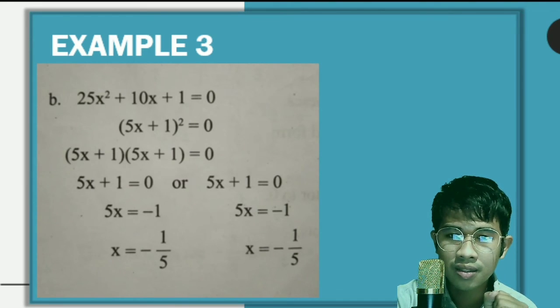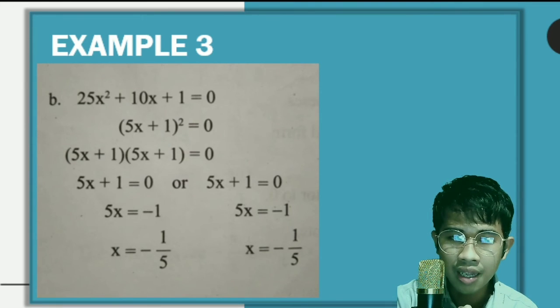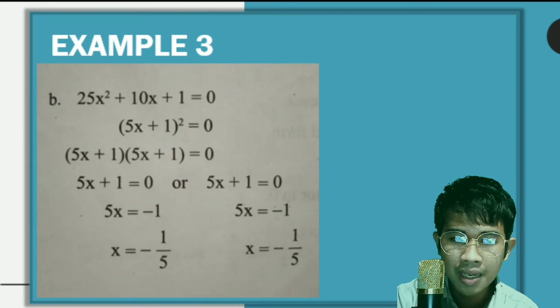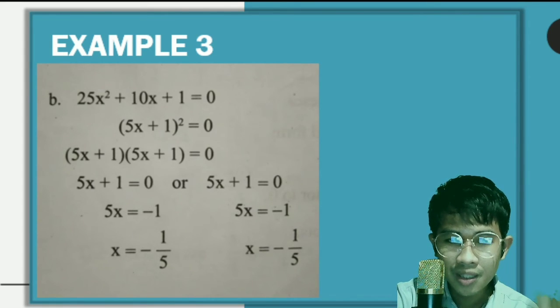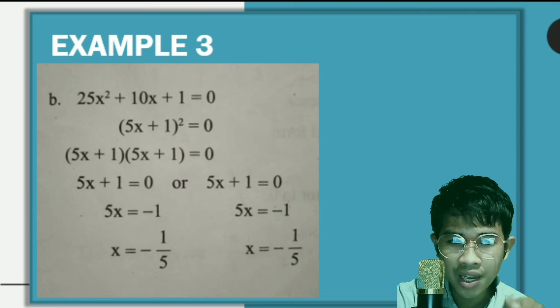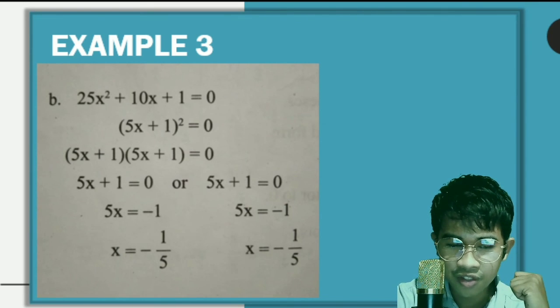Ang number 5 kag variable nga x, coefficient niya, tupad niya. Once nga mag-transpose ta sa multiplication, i-change ta siya into division. So ang 5 pag-transpose sa right side, naghimo siya denominator. That's why ang aton answer is x equal to 1/5.